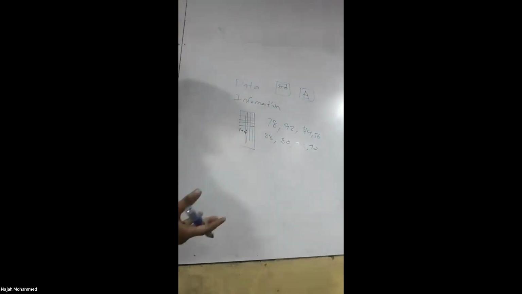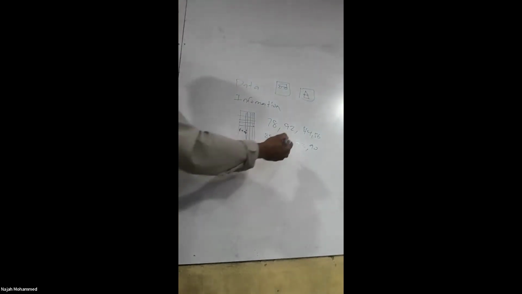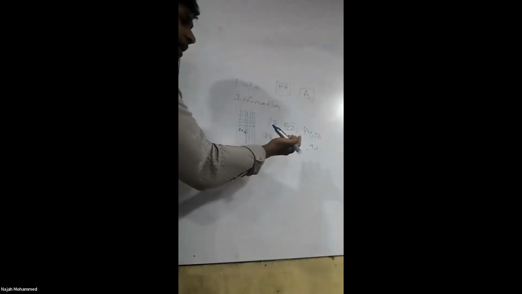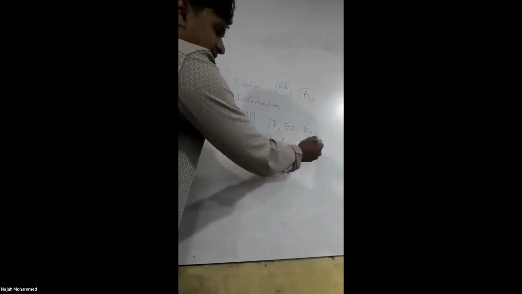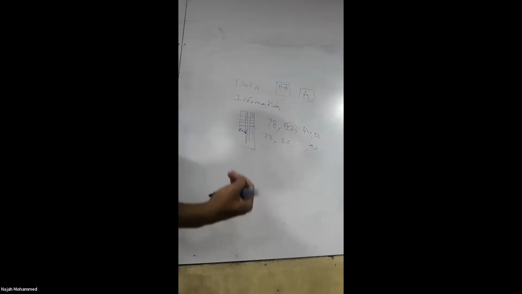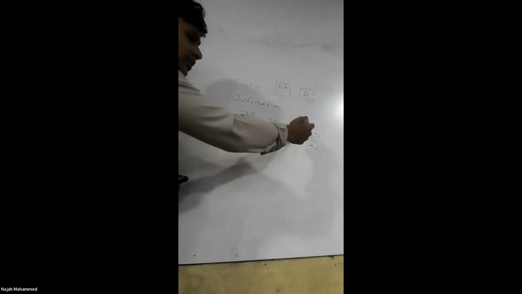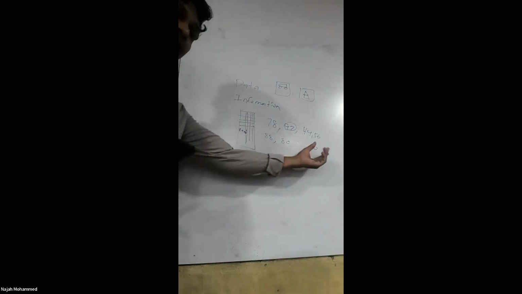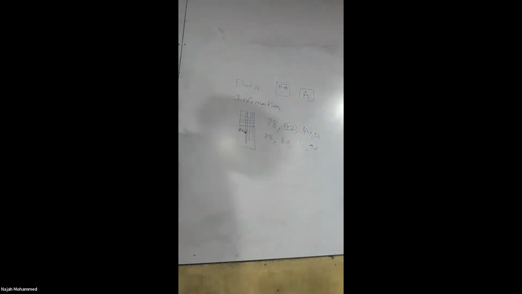Obviously this boy is going to become the first. Even if you have one subject with very high marks, 92, the highest, and nobody else has got 92, you still won't become first of the class, because this boy's average is higher than yours.